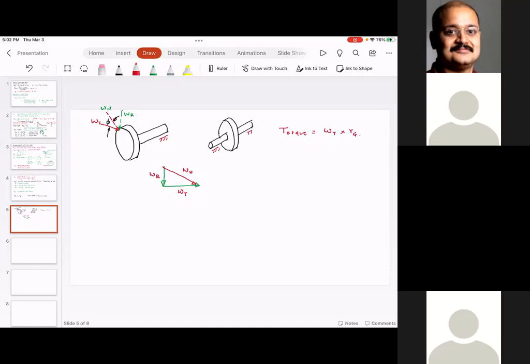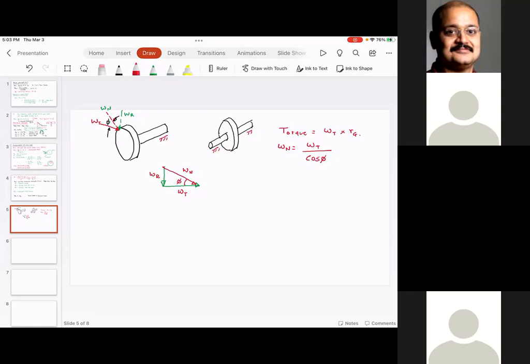How would we find out Wn? Wn is equal to WT divided by cosine of phi, where phi is this angle. WT divided by cosine phi is going to give me Wn.